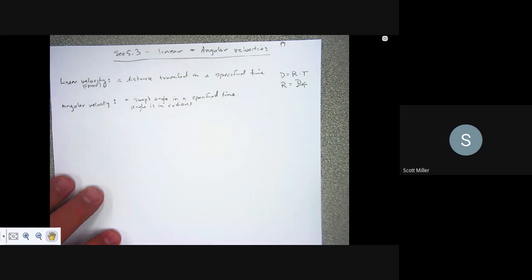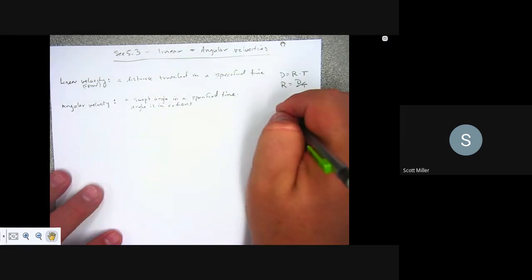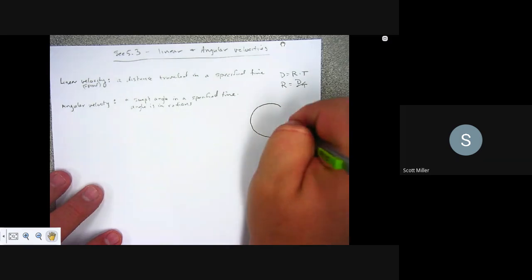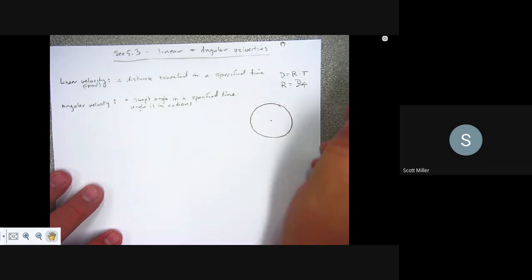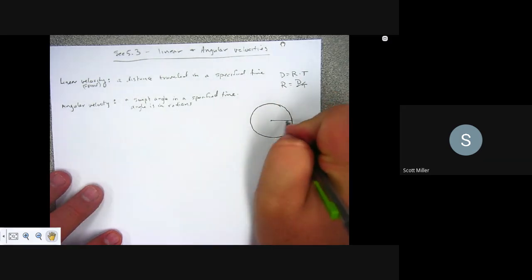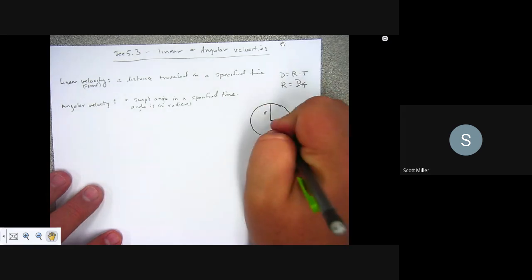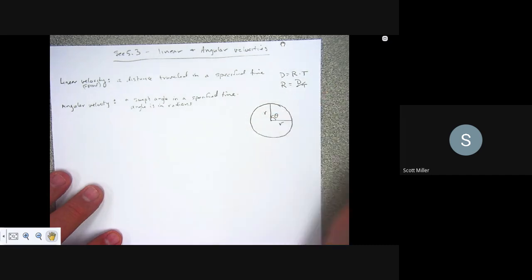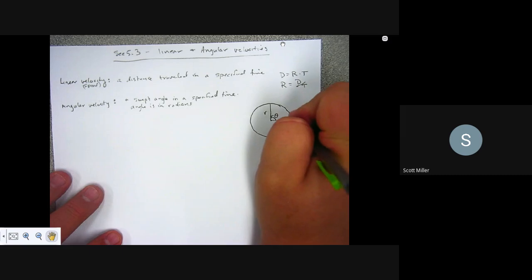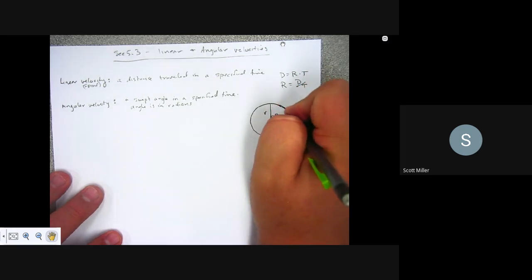So let's tie all this together to what we did in the previous section. Let's look at our circle that we had before. And we have a radius of the circle. And we have another radius of the circle. And this shows an angle that is swept, a central angle of theta. Okay? And then this out here is a length on the circle, part of the circumference.